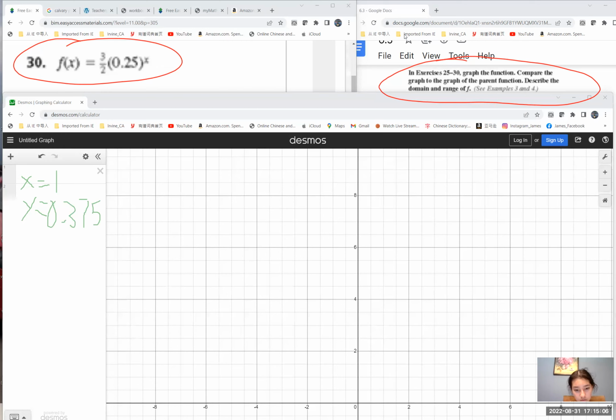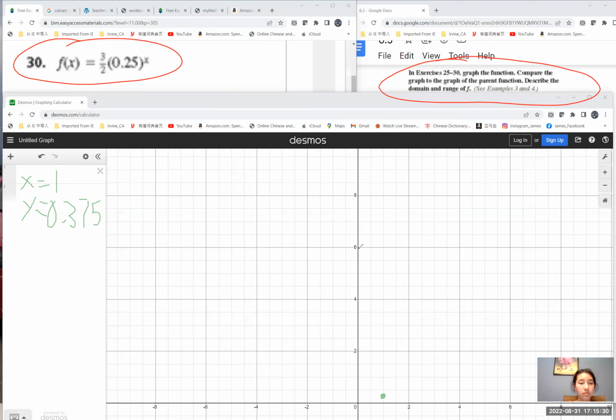So that being said, this is not a nice point, right? Okay, but anyway, let's try to mark it. Okay, you already did it. Yeah, here is one. And you'd better find some nice points, meaning they are on the grid.